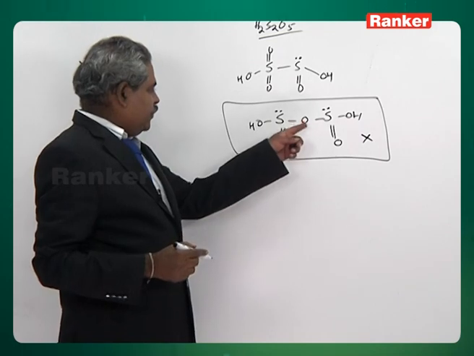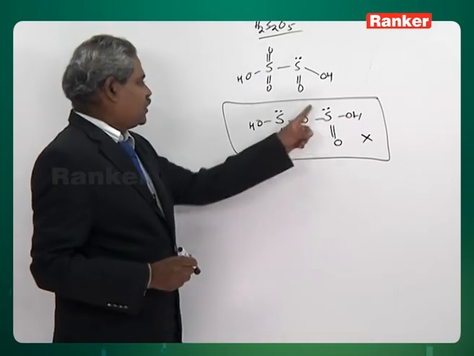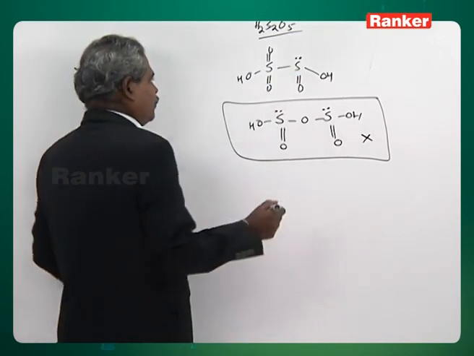So, if you write like this, you have two lone pairs. Both the sulfurs have a lone pair. Here at least one sulfur is rid of the lone pair.